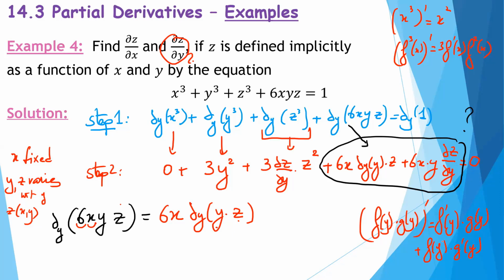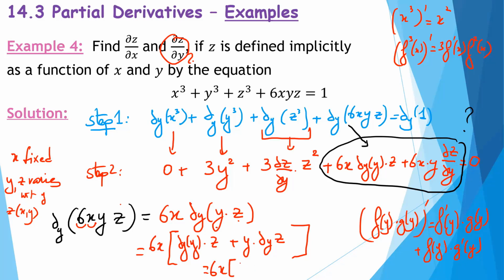This is the rule for the derivative of the product, and this is what I applied. So 6x is outside, I open a bracket, it gives me dy of y times z, derive the first, plus I keep the first, y, times dz dy. Okay, what does this give me? It gives me 6x times 1 times z, plus y, and this is what I wrote, dz dy. Then I distribute and I obtain. Okay, is it clear now? Yes, it's clear. The derivative of the product gives me a sum of two terms.